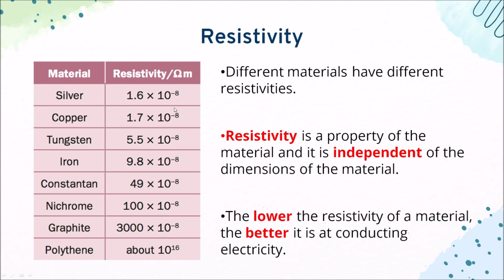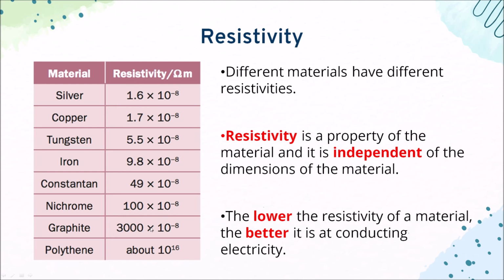So once again, if the resistivity is comparatively high, let's say nichrome is made into a wire, then this wire would actually have more resistance, and therefore it is more likely to heat up.